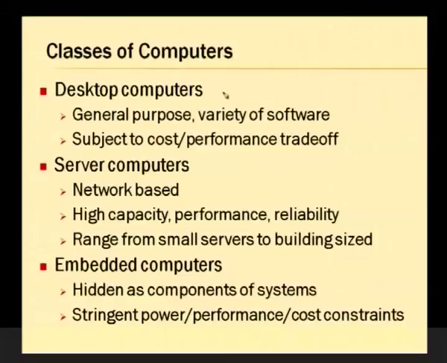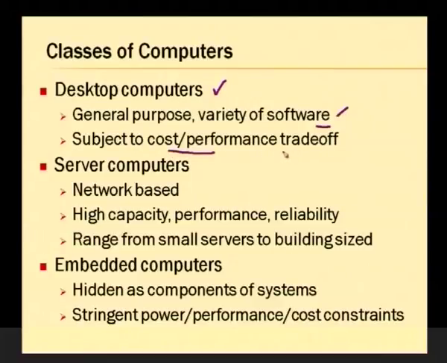There are different classes of computers that we see amidst us today. We have the common desktop computers. You all know that desktop computers are general purpose computers, and we run a variety of software programs on them. The design of these desktop computers is typically subject to what we call the cost performance trade-off.